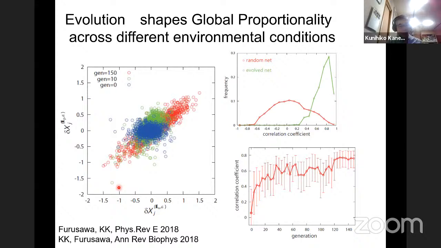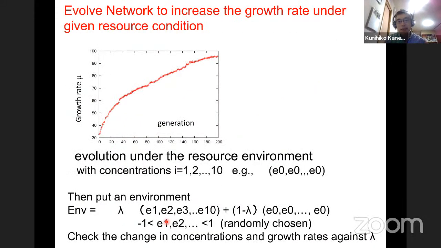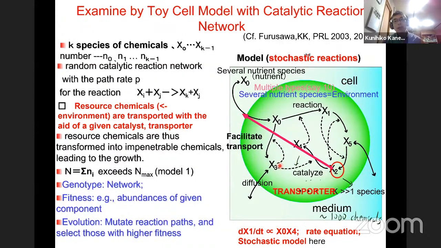So this is the result. Here we plot delta Xj E and delta Xj E prime, which is a different stress condition. That's quite similar to the experiment. And delta Xj is across many, many different chemical components. I forgot to say that in this simulation, we have 1,000 chemical species.